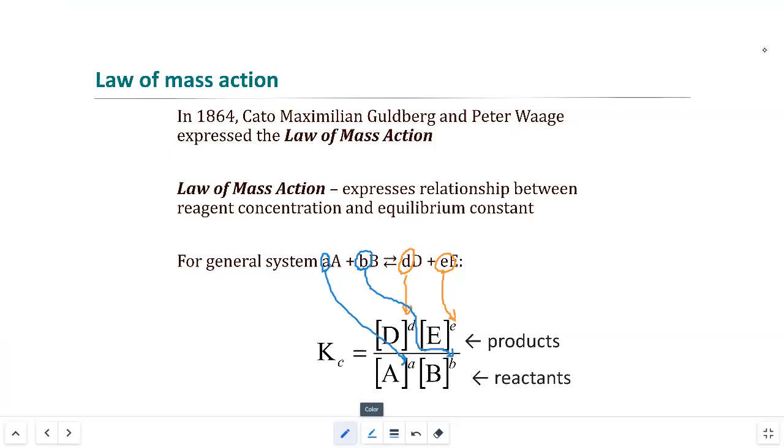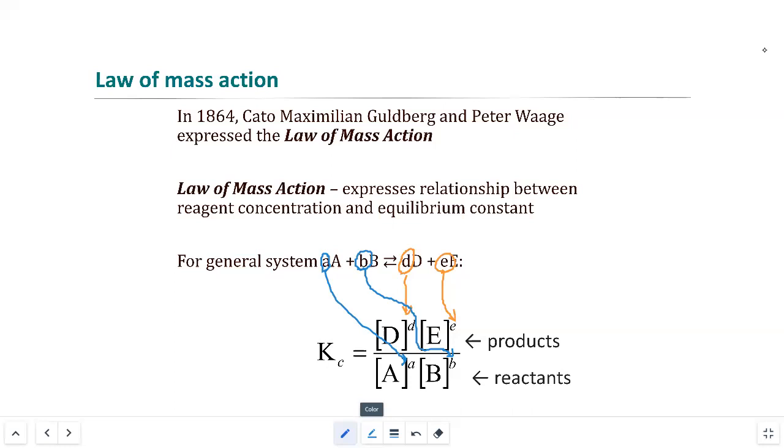So unlike in kinetics, where we had to be very concerned about the rate determining step and making sure that the rate law matched up correctly with that mechanism, knowing that molecularity was an issue, knowing that stoichiometry didn't necessarily dictate rate law, all that stuff that we had to be really careful about with kinetics, we don't have to be careful with here.